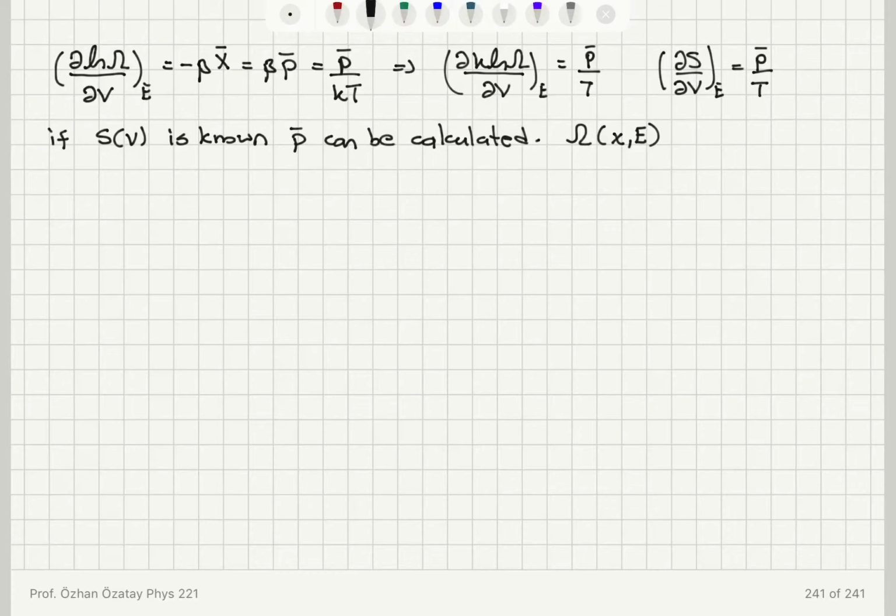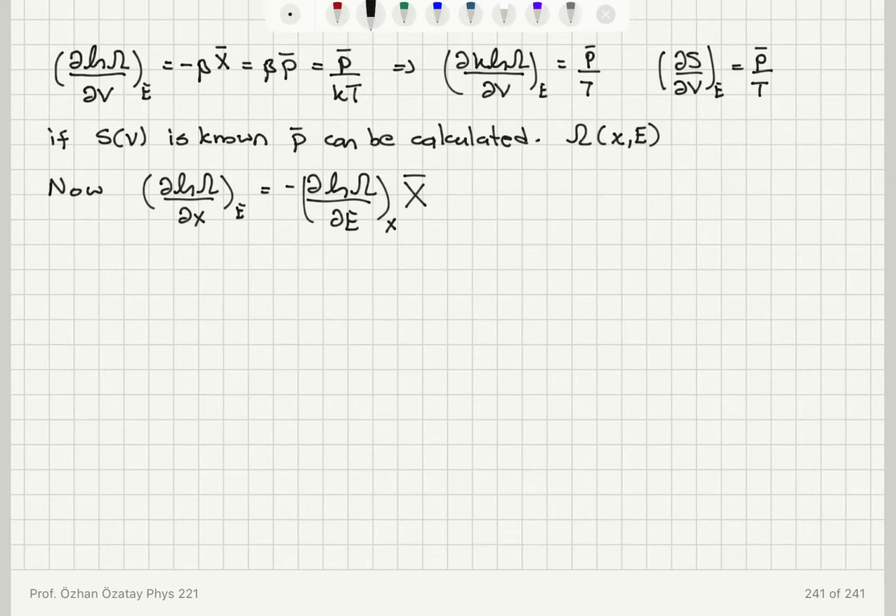Now, if I look at what I have obtained here for the derivative of natural logarithm of omega with respect to the external parameter X under constant energy, this is minus the derivative of natural logarithm of omega with respect to E, that's for constant X, right? This is our beta, multiplied by X bar. I have to make sure this is lowercase x, and here I have capital X bar.